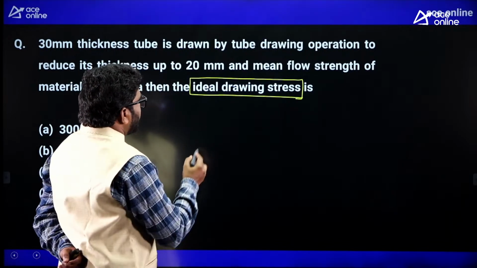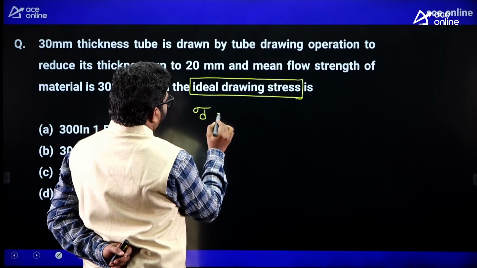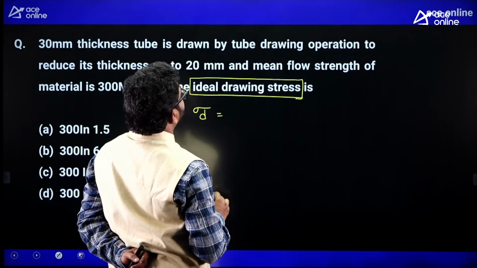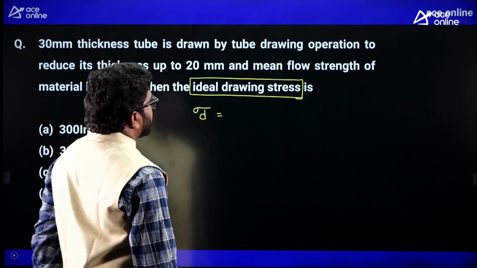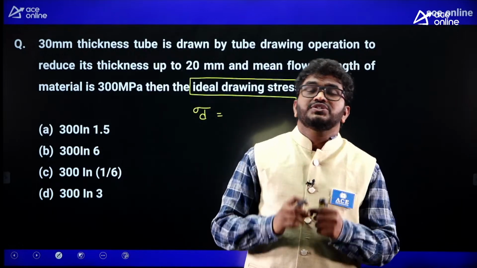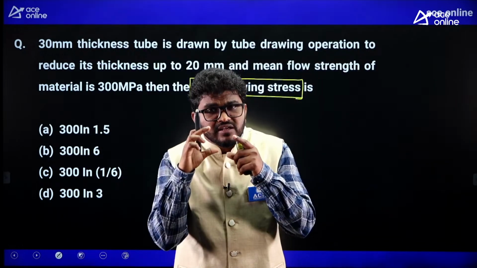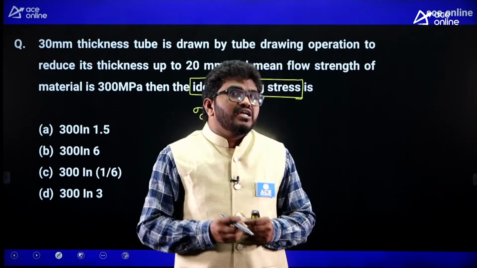So the formula for drawing stress in case of wire drawing or a tube drawing, remember it's a tube drawing operation. In tube drawing, we are reducing the thickness of an already existing tube. So thickness we are reducing.